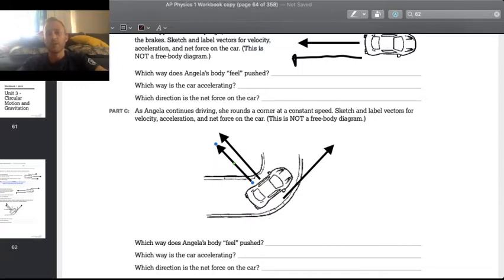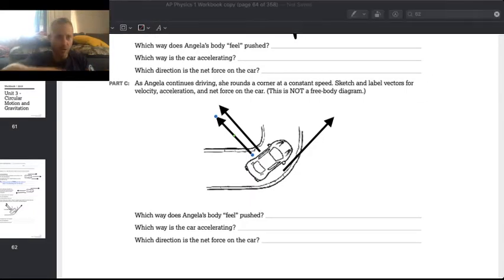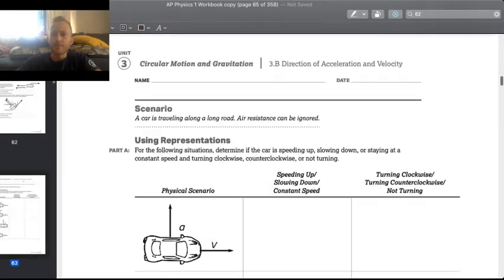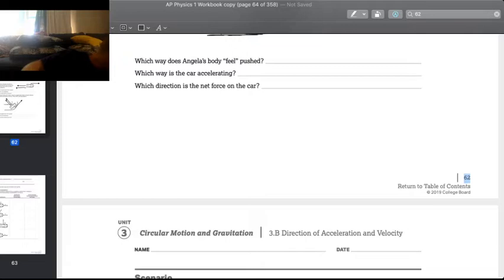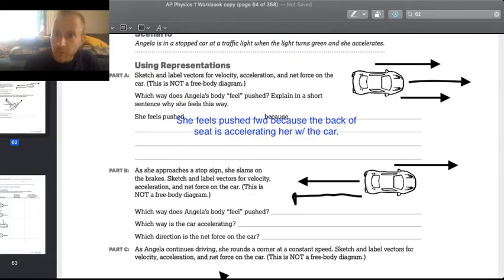One of the things you'll notice is that if you're turning in a car, your body sort of leans to the outside of the turn, and it's the side of the car that pushes against you and keeps you in the circle. So that's just reminding you guys the directions of velocity, acceleration, and net force in circular motion.